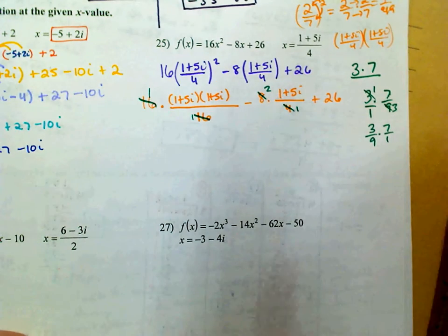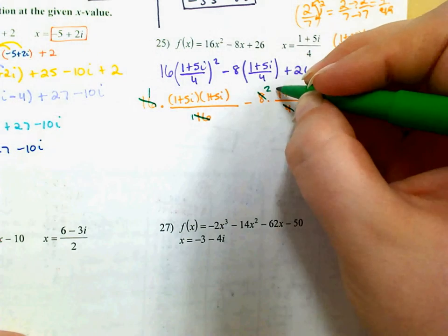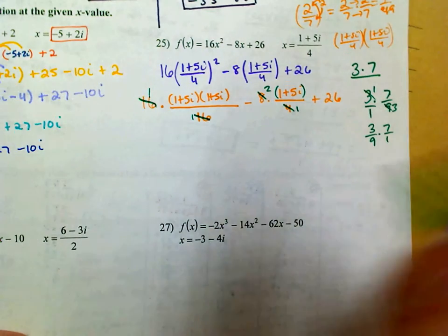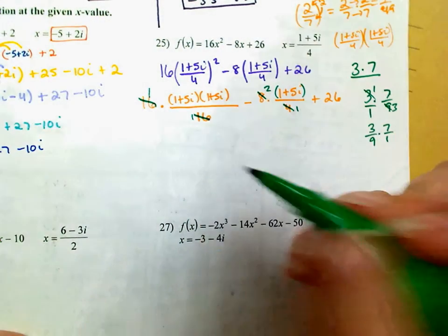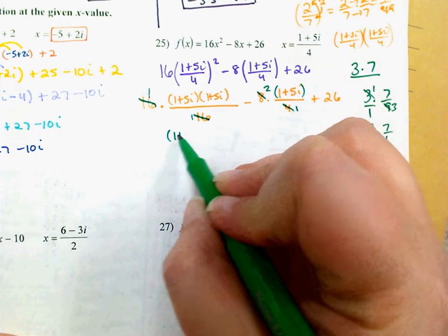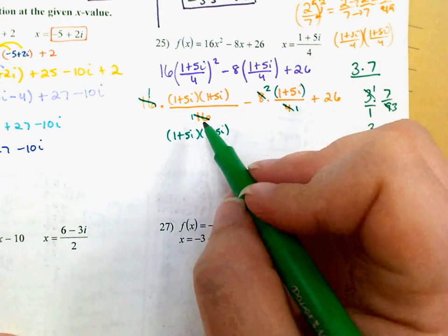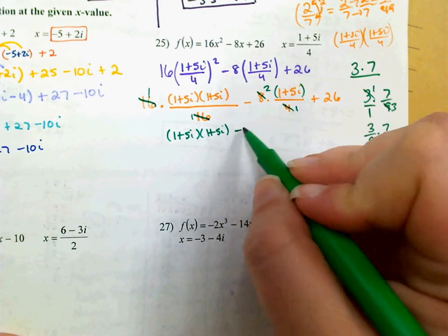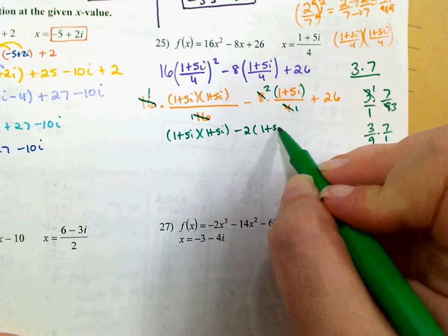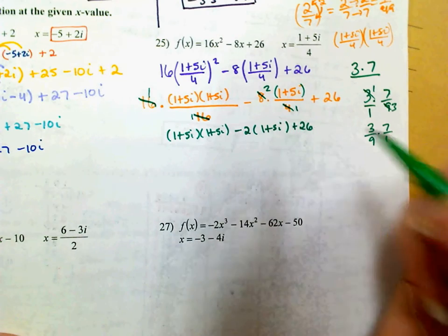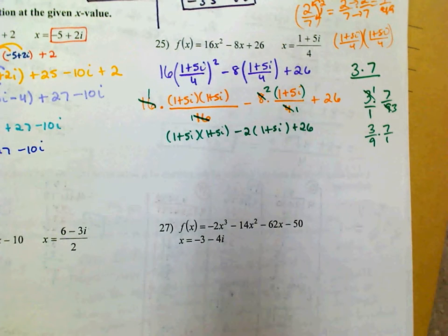Now I've got 2 times this quantity. Yeah? So let me go ahead and start multiplying. Or I'm going to rewrite it real quick. I've got 1 plus 5i times 1 plus 5i, because the 16 is simplified to 1, minus 2 times 1 plus 5i, plus 26. Meaning, whenever I worked with this one, all the powers, in fact, or all the rational things went away, all the fractional things.